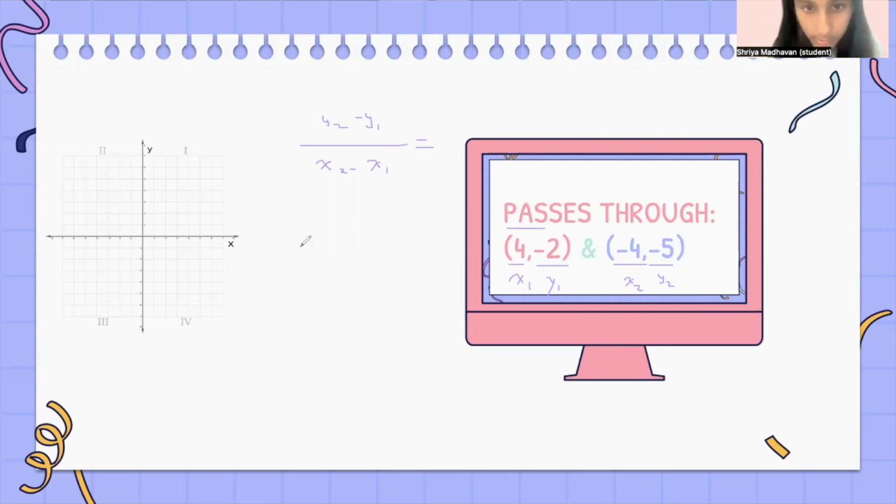So y2 minus y1, so minus 5 minus of minus 2, which is plus 2, divided by x2 minus x1, so minus 4 minus 4. That will be our slope. So basically just minus 3 divided by minus 8, which is just equal to 3/8. So our slope is equal to 3/8.